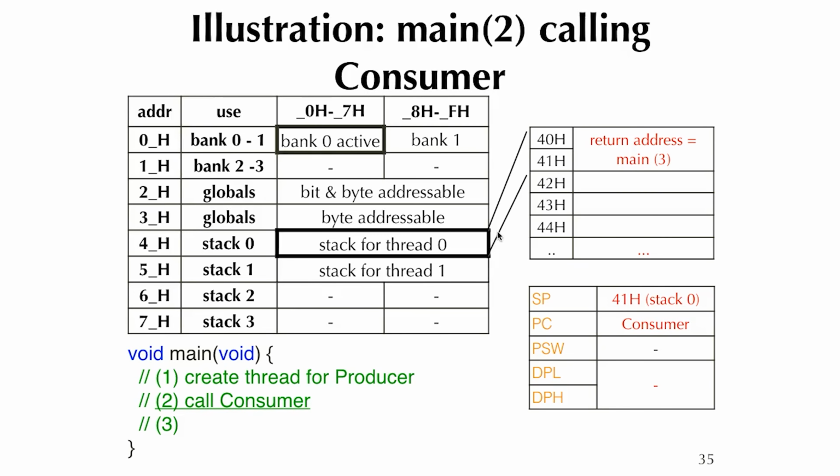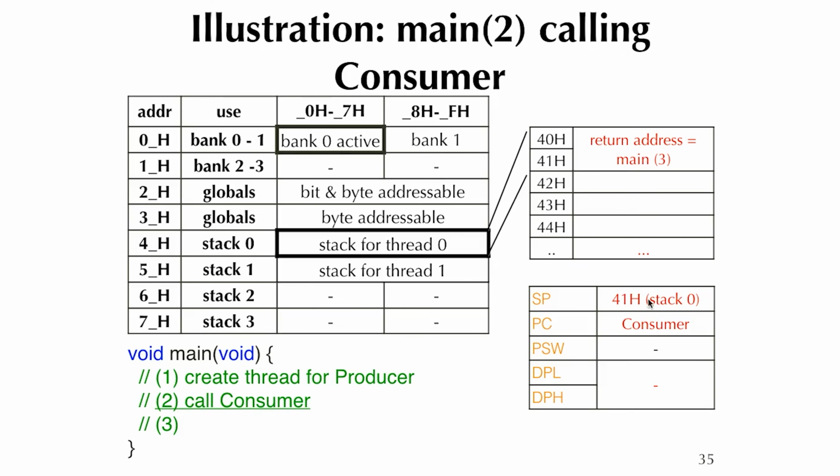Okay, so by the time ThreadCreate returns, what does it return? It returns the thread ID, which is 1, in the DPL. Then it comes back to main and does step 2. And it does a call consumer. It might as well do a jump to consumer, but okay, we do a call. And that actually means it does push the return address, but we never really use this address. That's fine.